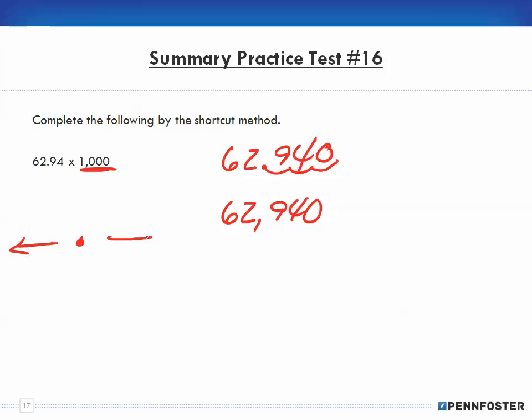Whole numbers go to the left, fractions go to the right. And I want 1,000 times, so I have to move that decimal place over 3 positions, because I'm looking at 1,000. So 62 times 1,000 is 62,000. So mentally you can see 62.94. When I move the decimal place over 3, I end up with my 62,940. That's the thinking behind it.